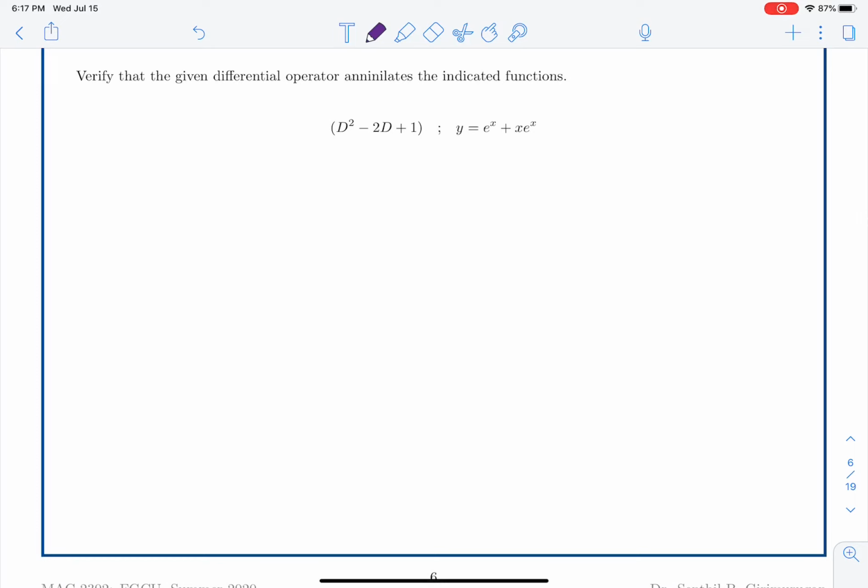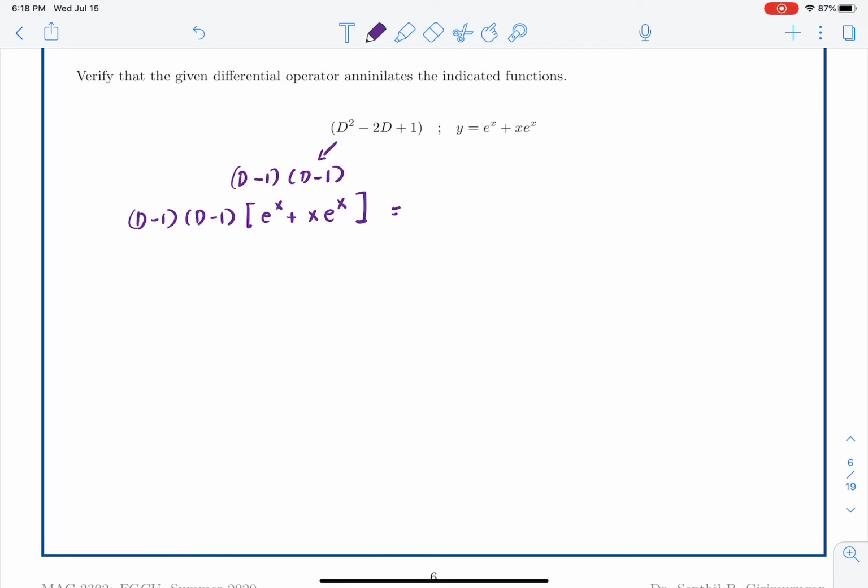So now we have a combination of an exponential and an algebraic function. So we have D squared minus 2D plus 1. It's better to factor this. If we factor D squared minus 2D plus 1, we would simply have D minus 1 times D minus 1. So I'm going to apply D minus 1 times D minus 1 to e raised to x plus x e raised to x.